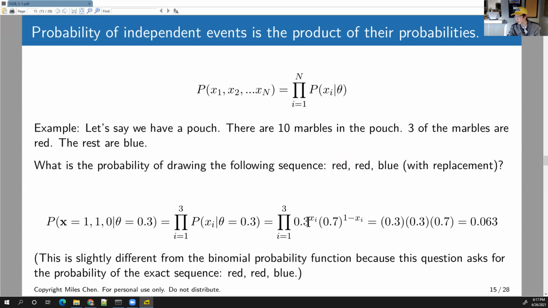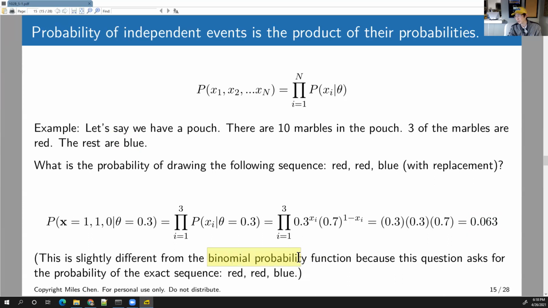Well, if we know that the probability is 0.3 for red and 0.7 for not being red, which is everything else, blue, then we know this sequence of red, red, blue has to be 0.3 times 0.3 times 0.7, and the total probability is going to be 0.063. This is asking for the exact sequence of red, red, blue, which is different from binomial.